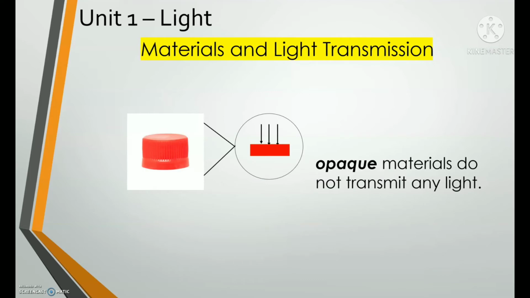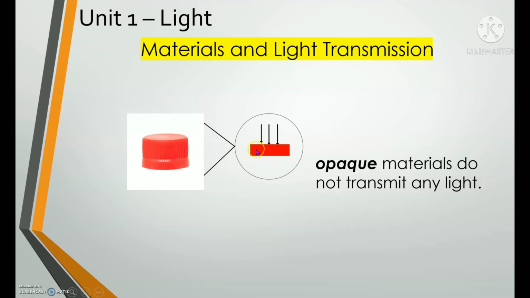The next material is the opaque. Everybody, repeat after me. Opaque materials do not transmit any light. Very good. So our example here is the cup of drinks, any bottle of drinks. It is an opaque material because this material does not transmit any light. As you can see, we cannot see inside, or through this cup.